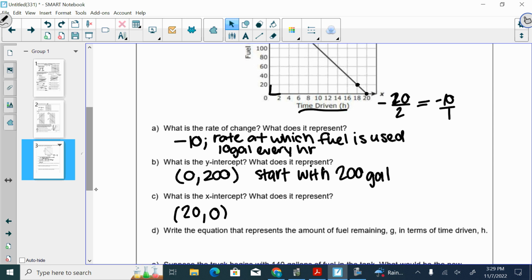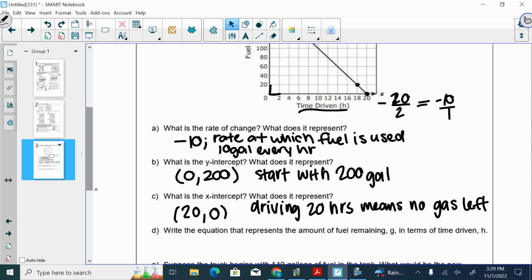So this means she will have driven for how many hours? 20 hours. Okay, so driving 20 hours. And once she drives 20 hours, is there going to be any gas left? No. So driving 20 hours means no gas left.